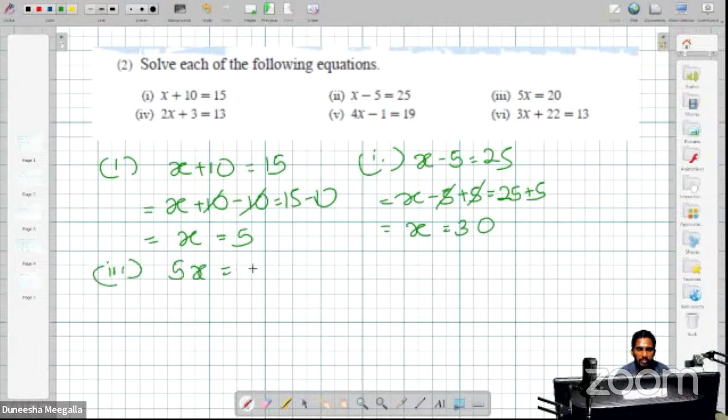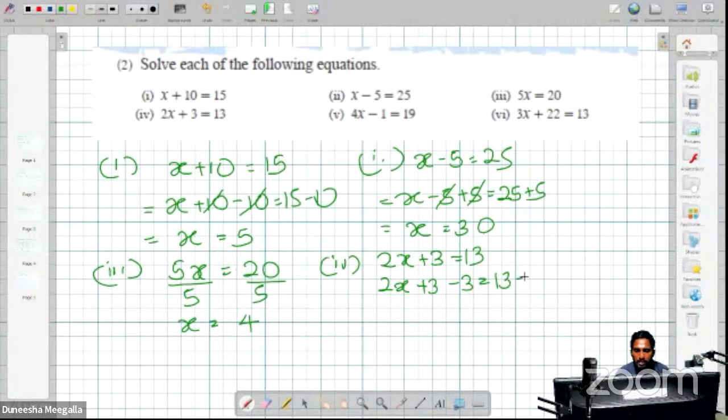Third, 5x equal to 20. Divide by 5. x equal to 4. Fourth one, 2x plus 3 equal to 13. 2x plus 3 minus 3, 13 minus 3. 2x equal to 10. x is equal to 5.